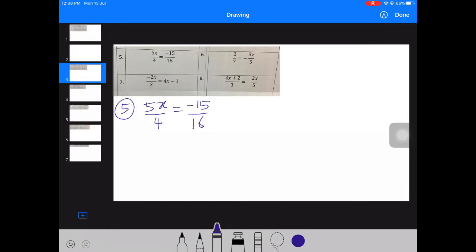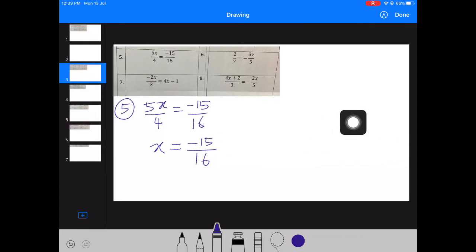So you can do it straight away at once. Just leave the x on the left. On the right side you have negative 15 over 16. What do you do with 5 over 4? You just multiply on the right and reciprocate.